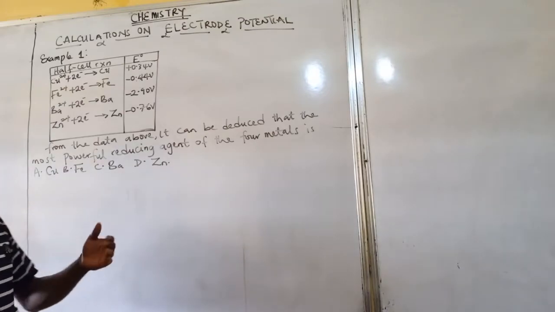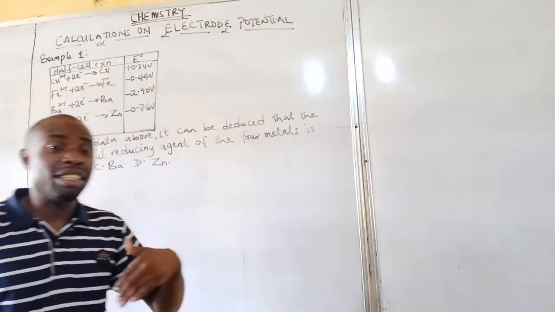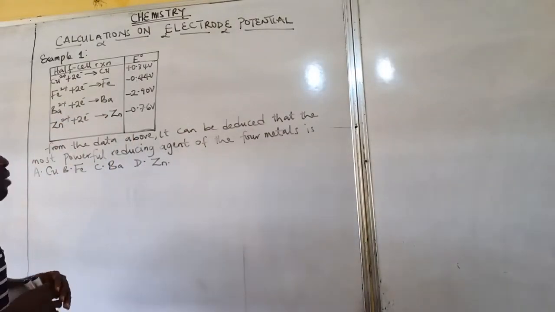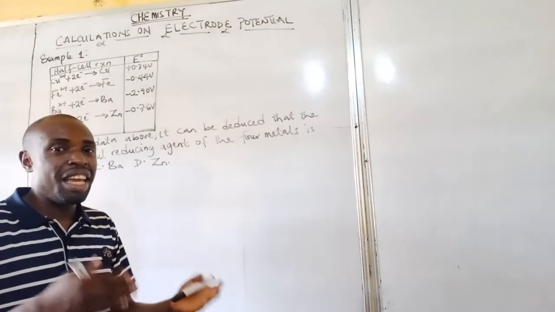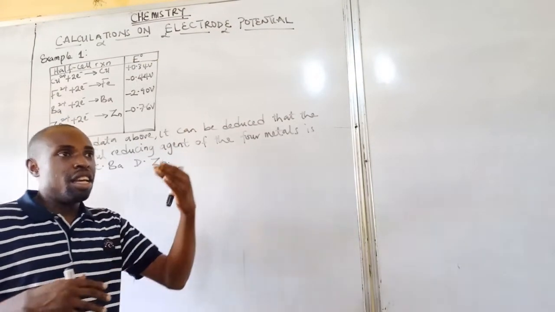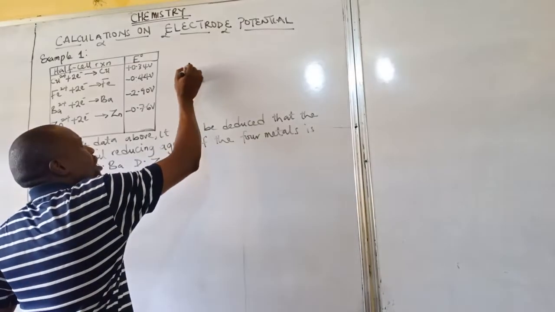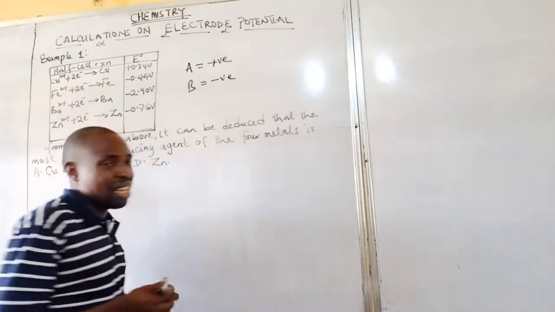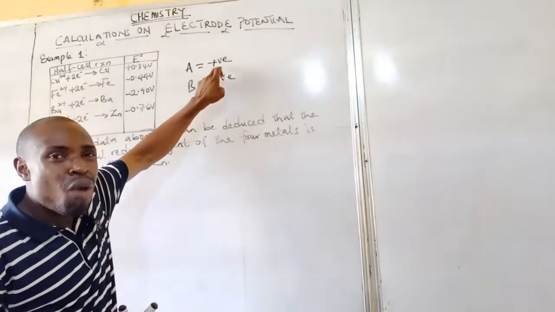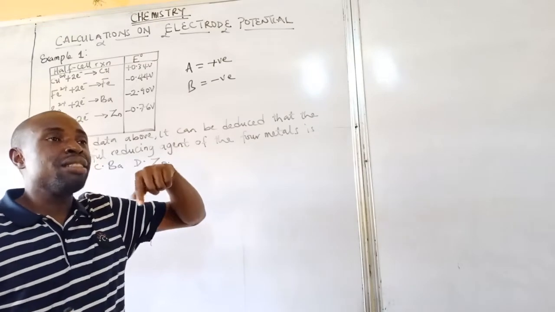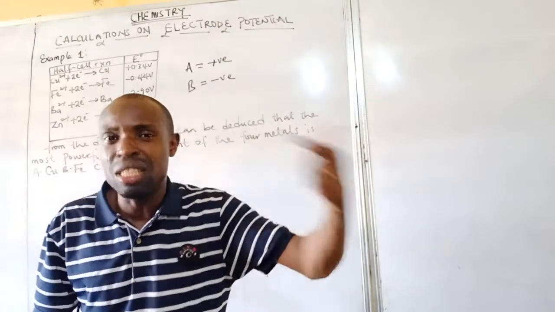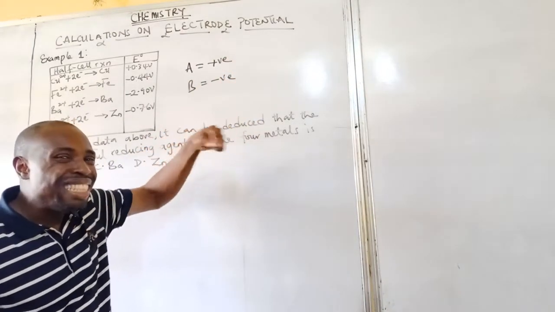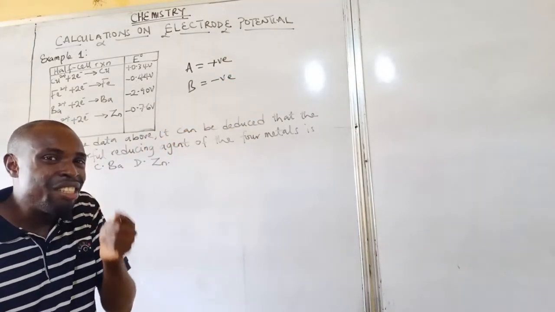Very simple. Remember in our previous video, I said categorically that if I'm having two species, let's say A and B, and A is positive, B is negative, the most positive is the oxidant, while the most negative is the reductant.